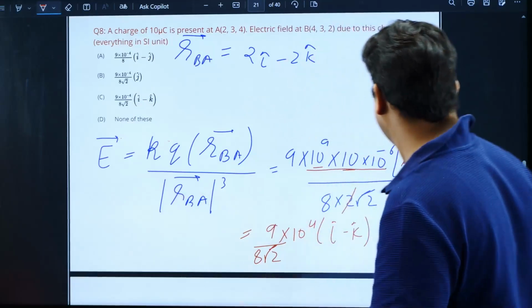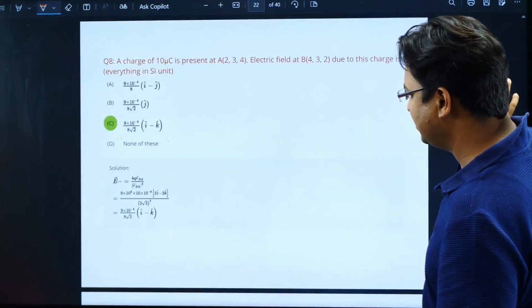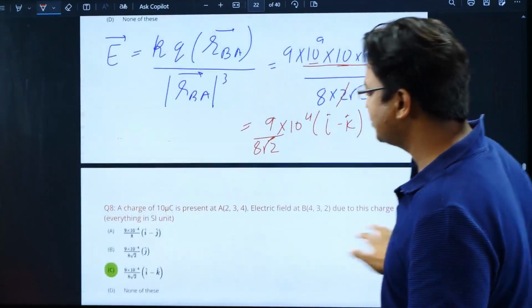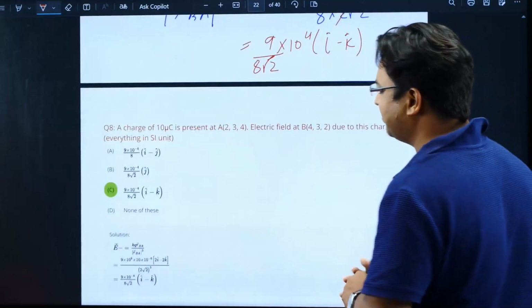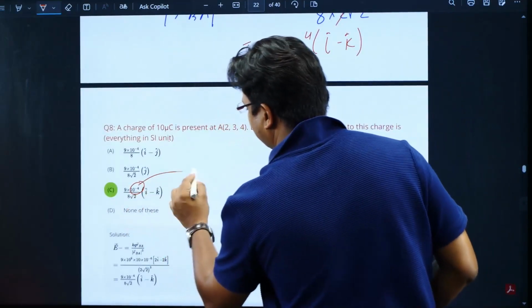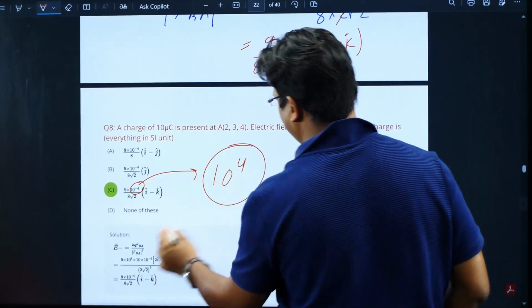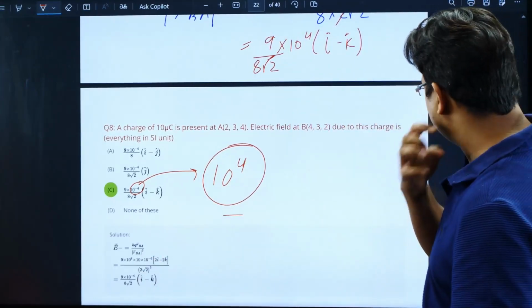Let's see what the answer given is. So guys, in option C, the power is not right. This power should have been plus 4. In the actual paper, you would have got the power of plus 4. So don't worry about this, there is a misprint in that. Okay, all right.